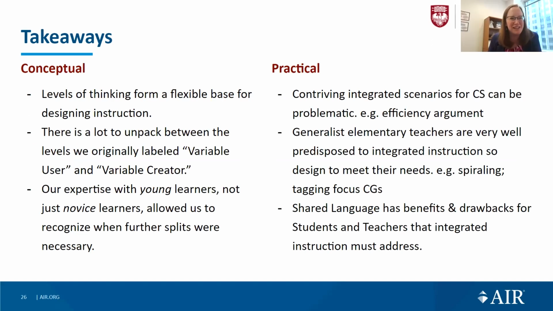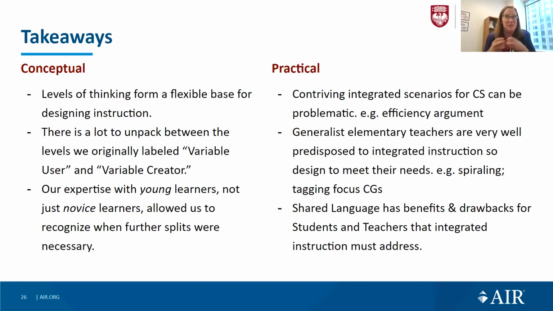Yeah, so these were just the big things we hope you take away from all these details we got through. We really loved the levels of thinking as a basis for instruction because it allowed us to think about thinking and not just the questions we want students to be able to answer at the end. And we really love the flexibility of bringing in some of those facts and skills about variables in different ways according to our context.